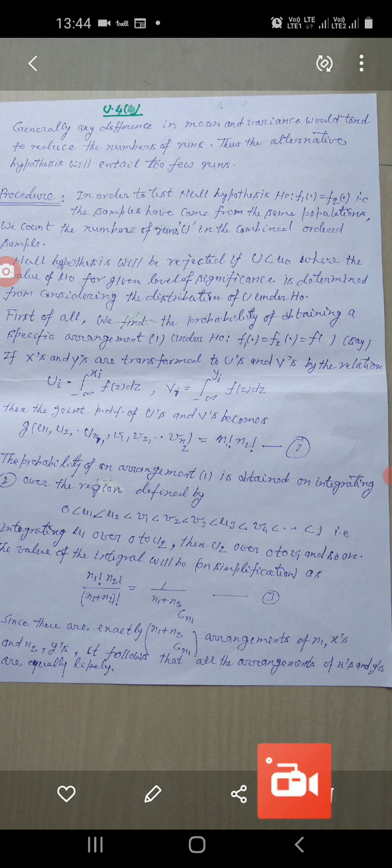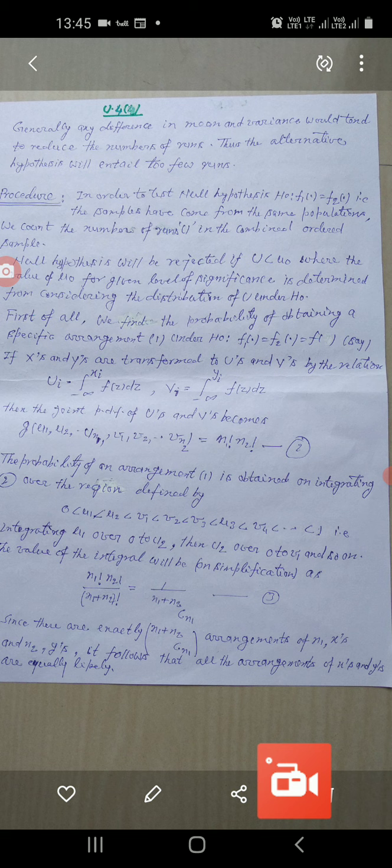Thus, the alternative hypothesis will entail too few runs. So this is about runs, and now we will discuss its procedure. The procedure is no doubt very long. Some part of the procedure we will discuss today.